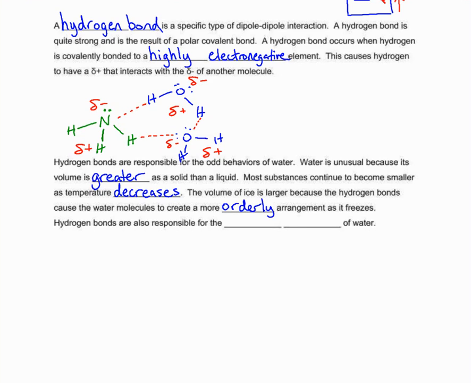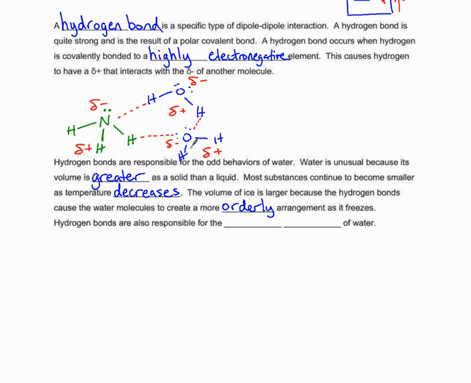When water begins to freeze, these hydrogen bonds will turn the molecules so that they are lined up positive to negative, positive to negative. So it might look something like this.